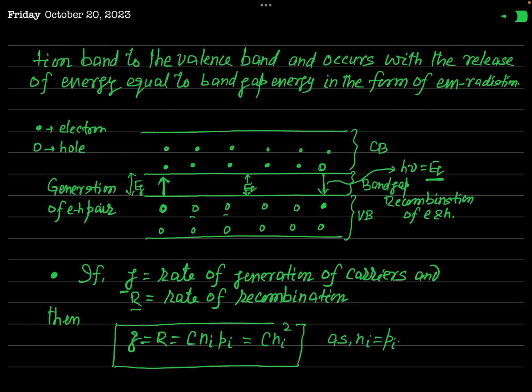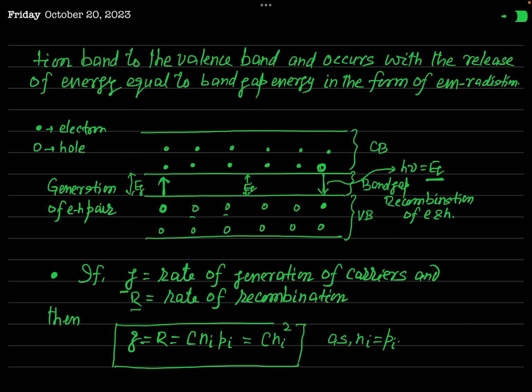But in this condition, the electron moves to the position of the hole to complete the bond. So this can be thought of like this: the hole moves from the conduction band to the valence band. This is just like a transition of a hole from a higher energy level to a lower energy level.